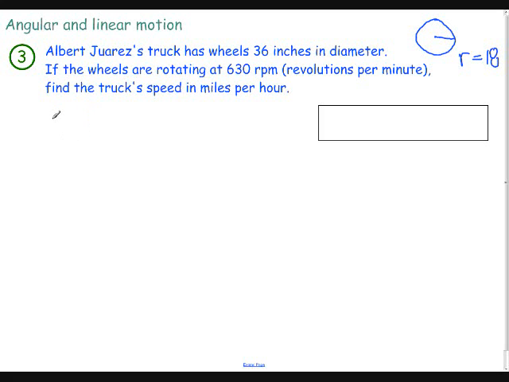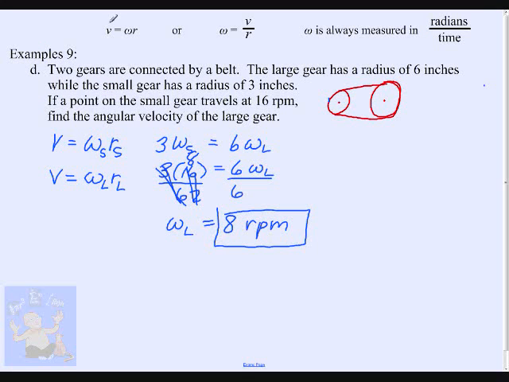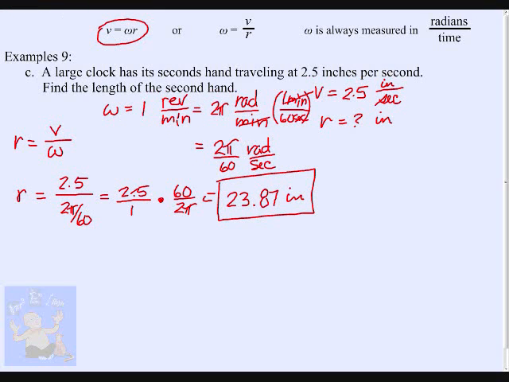Okay. Truck speed. So we want to find the linear velocity, and the formula for that was the angular velocity times the radius.